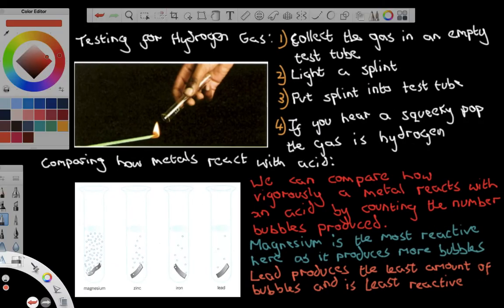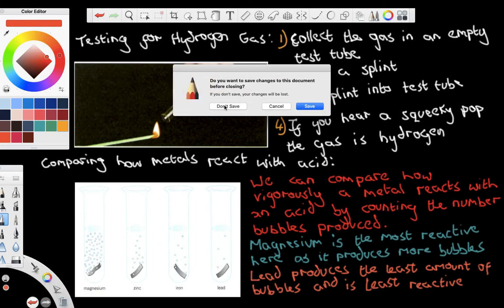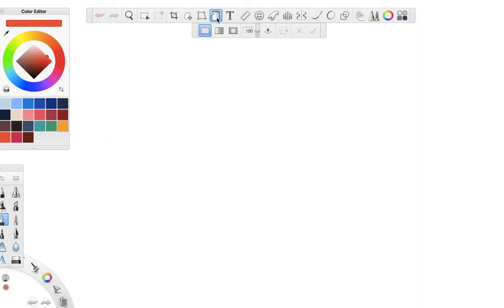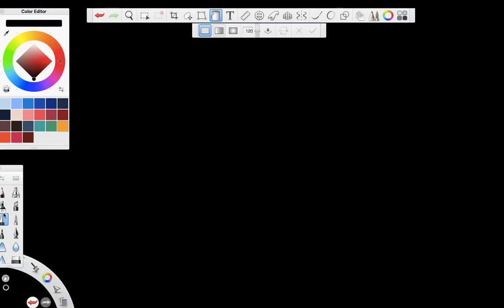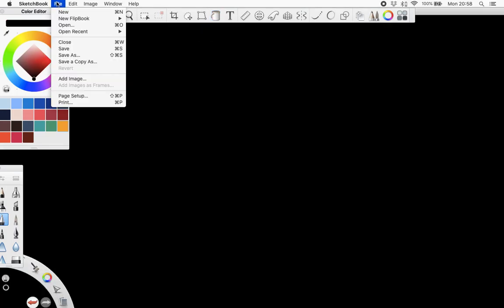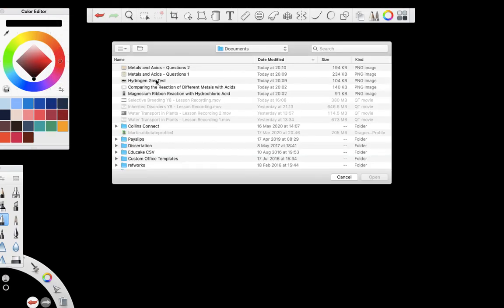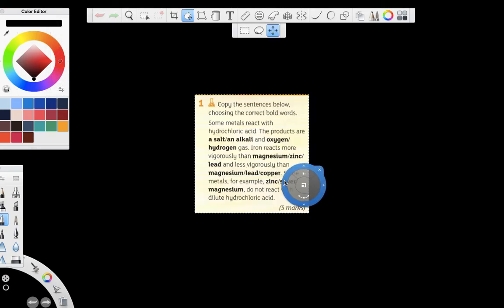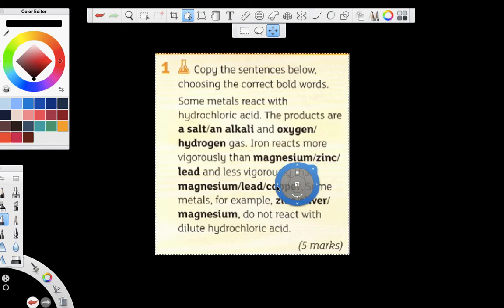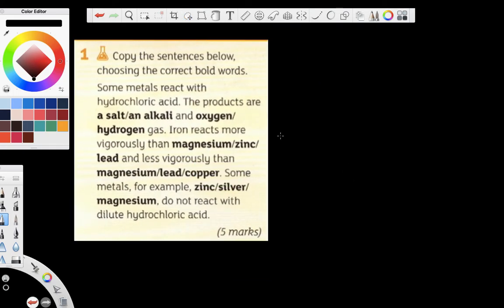Okay, so you should have had a go at these questions by now. You should have a different coloured pen to hand, preferably green, but it doesn't matter what colour really. Let's go over them. So let's add this first one in. I'm just going to cross out the incorrect ones and leave the correct one in. So it should read, some metals react with hydrochloric acid. The products are a salt, so alkali was wrong, and hydrogen gas.